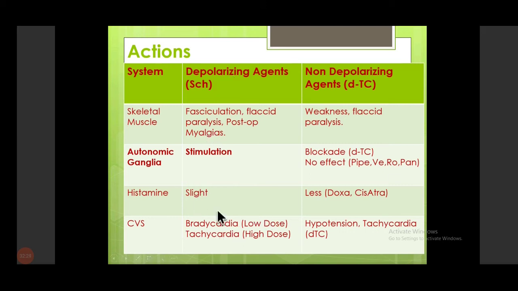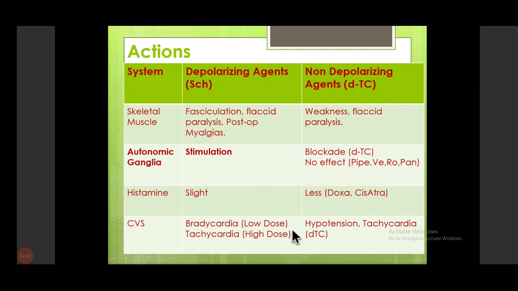CVS: depolarizing blockers in lower doses stimulate the parasympathetic ganglia, which would lead to bradycardia, which is the case in low doses. But in higher doses, it causes tachycardia. Tachycardia primarily has two reasons.